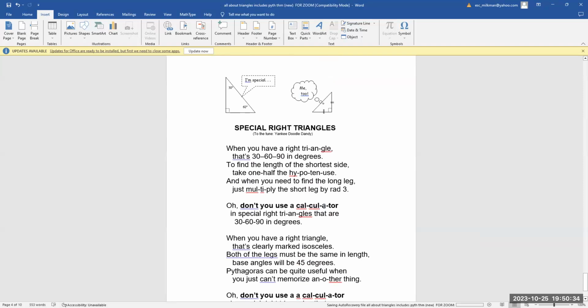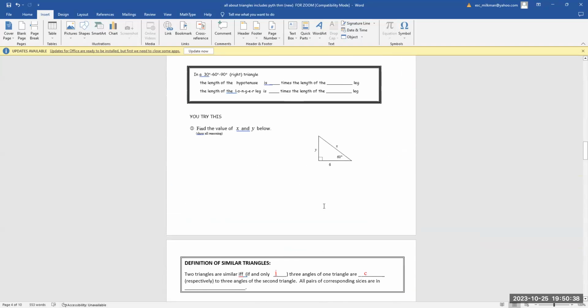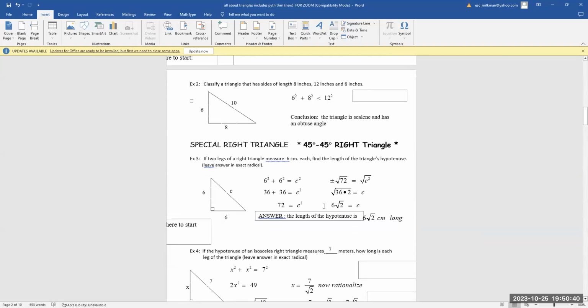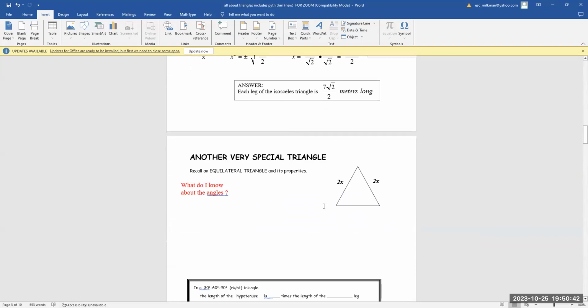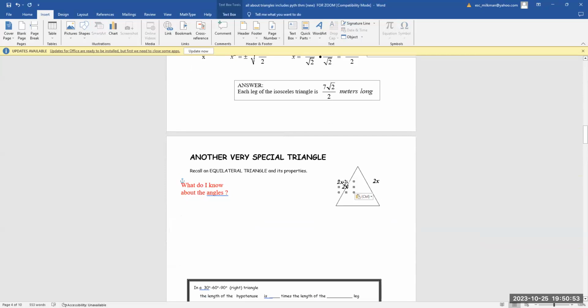If I consider my third side, I didn't mean to go down to the song yet. If I go down to my third side, it's exactly the same as my other side, since it's called an equilateral triangle.